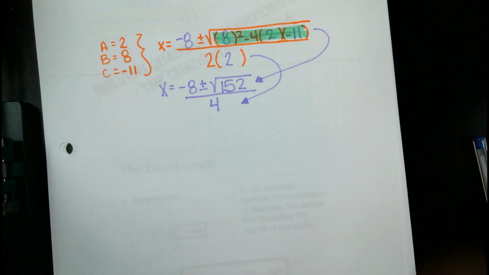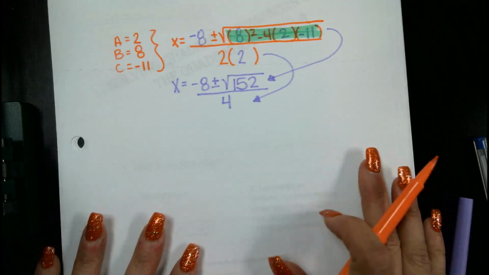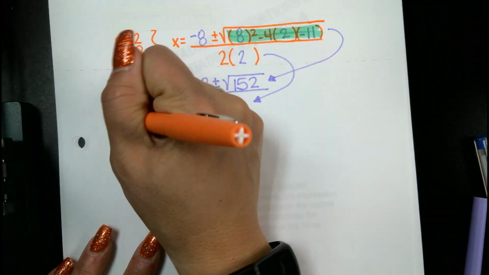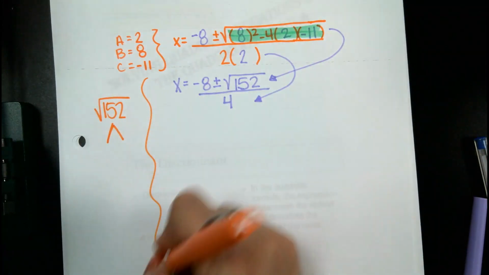With a number like 152, check and see if it's a perfect square. So type in square root of 152. It's not. So guess what? We get to make a factor tree.